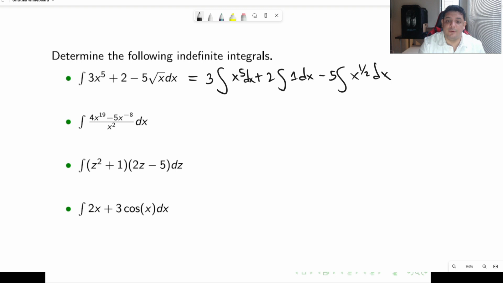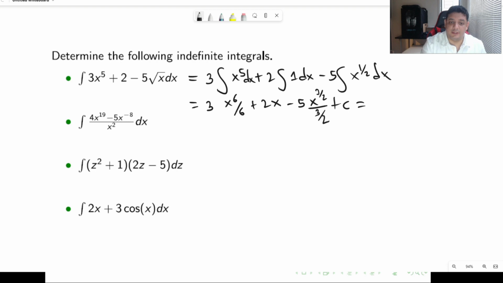So notice that now we have only powers that we can use. So this is 3, and this is x to the 6 over 6 plus 2x minus 5, and this is x to the 1/2 plus 1. So that's going to be 3/2. So it's 3/2 over 3/2, and then plus c.